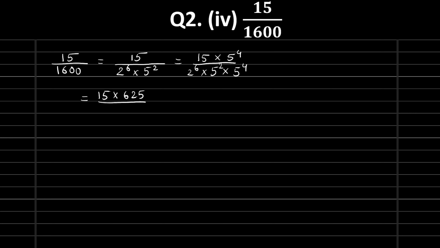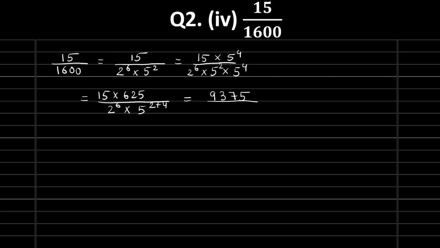And here we can see 2 raised to 6 into 5 raised to 2 into 5 raised to 4. Bases are same, exponents are different, so we will add the exponents: 5 raised to 2 plus 4. And 15 into 625 will be equal to 9375.